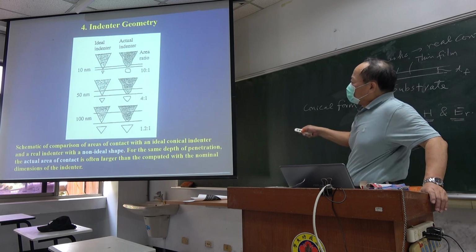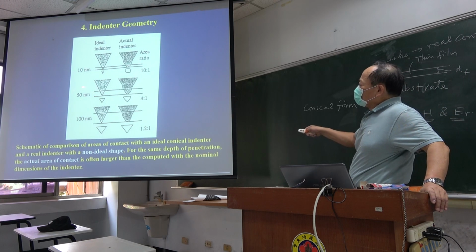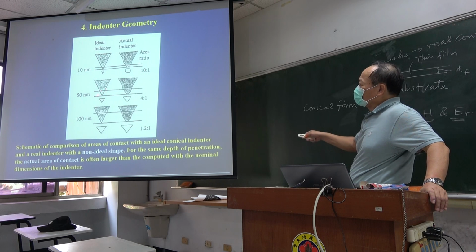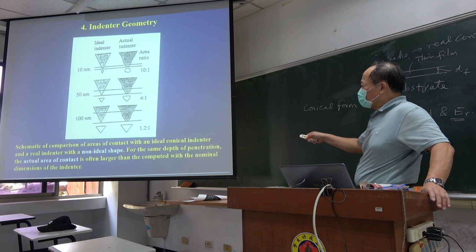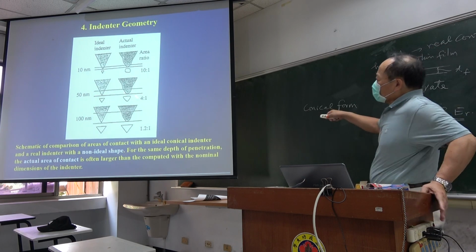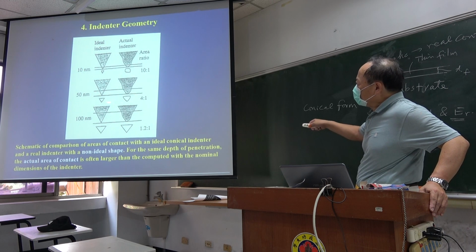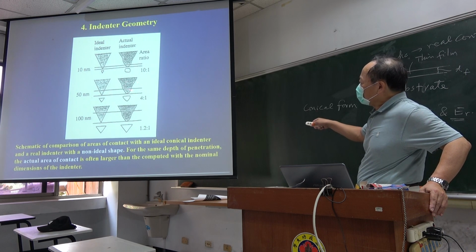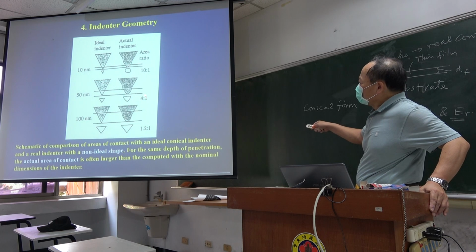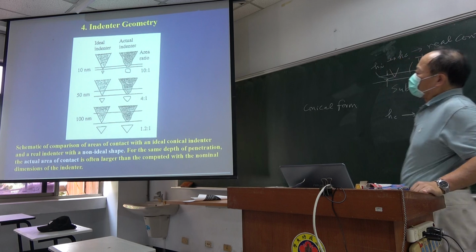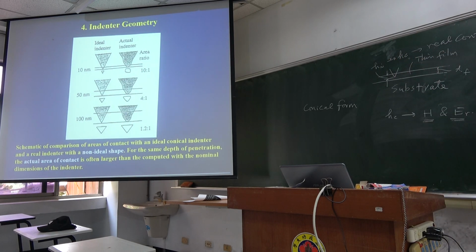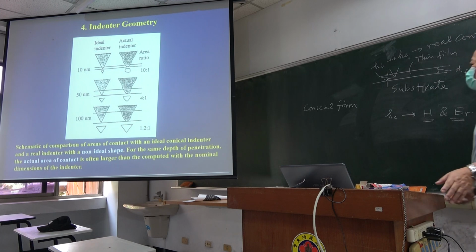Okay, now we increase the indentation depth to 50 nanometers. In this case, the ratio of the real contact areas created by these two indenters is reduced to 4 to 1. So the ratio decreases as your indentation depth increases.